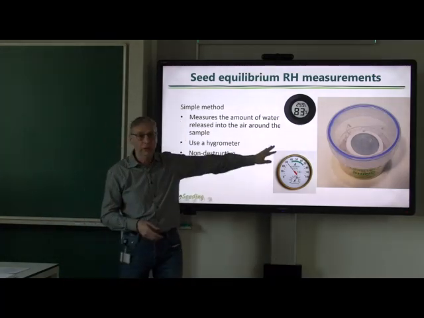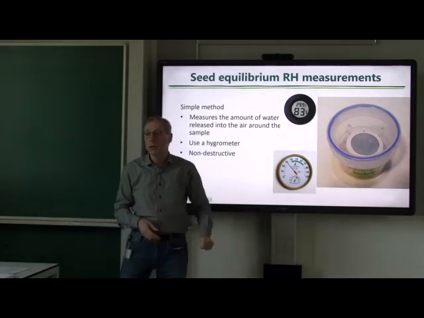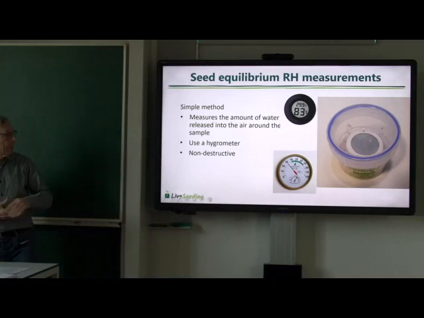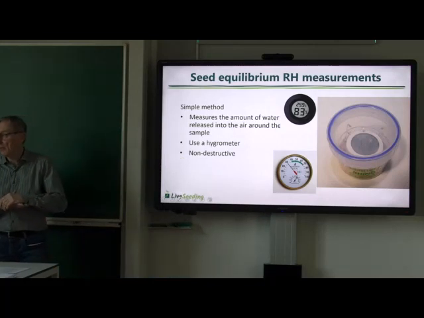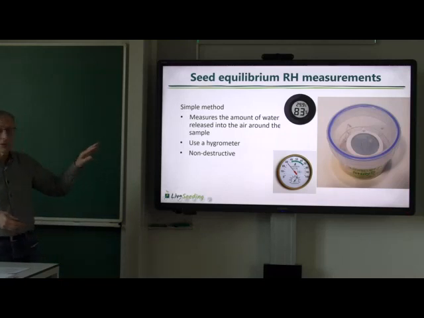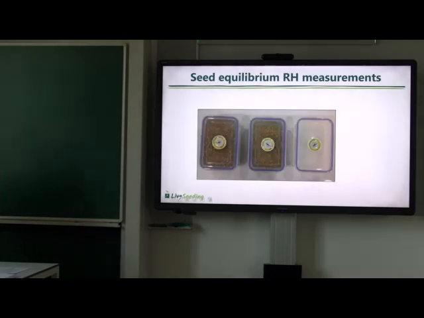The accuracy is not as good as that equipment, but this costs maybe €10. The water activity meter is more than €1,000. For most purposes, this works quite well and is good enough.